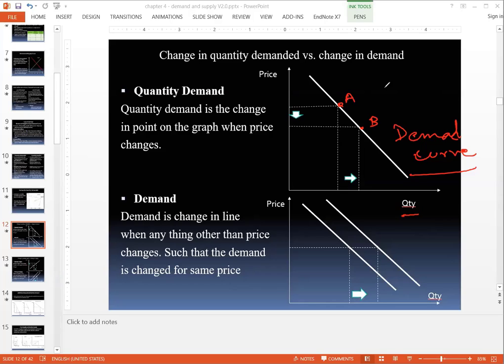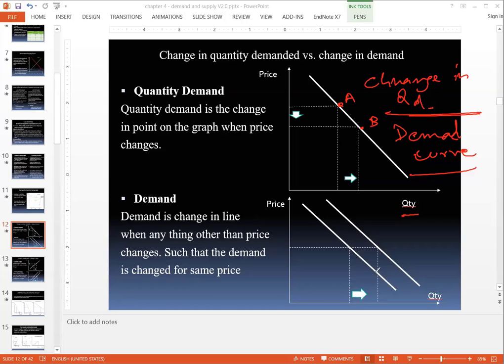When this happens, we say that this is a change in quantity demanded. Okay. Demand is the change in the line when something other than price changes, such that demand changes for the same price.